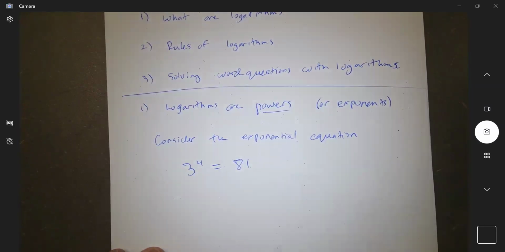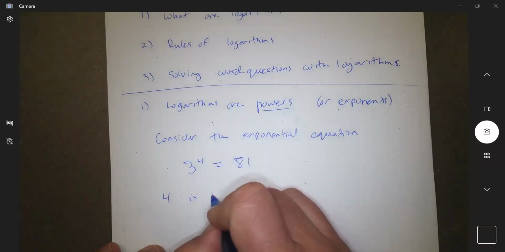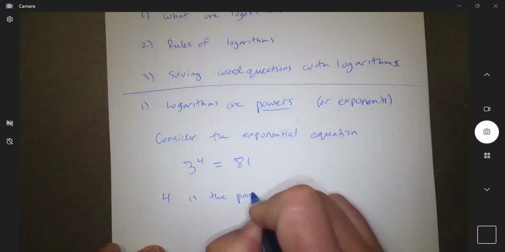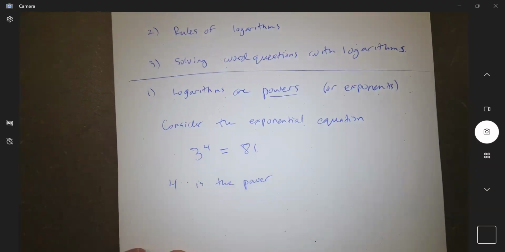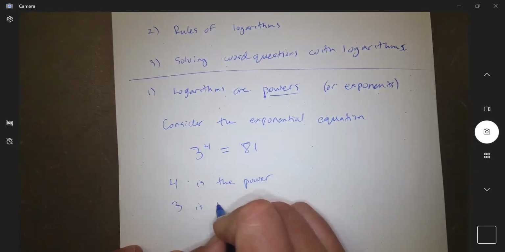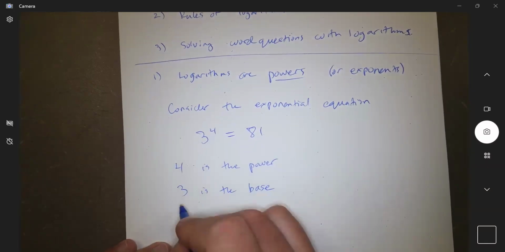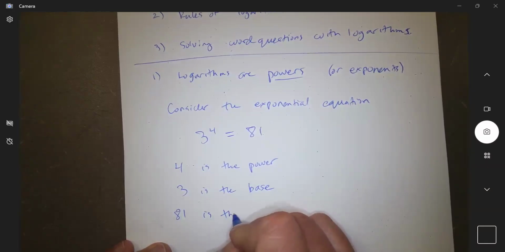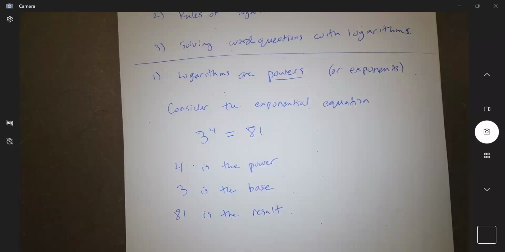And I'm going to break this down into its different pieces. 4 right there is the power or the exponent. 3 is the base. And 81 is the result, or the answer, or however you want to call it. So right now I'm just looking at the anatomy of the exponential equation and I'm labeling the different pieces.